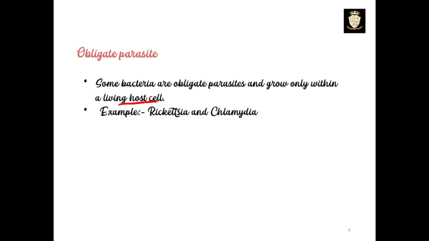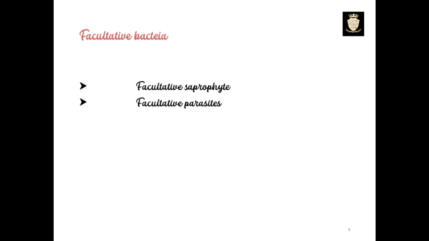Such bacteria are included in the obligate parasite. They could not reproduce without a host cell. The example is Rickettsia. Then the third one, facultative bacteria, which is further classified into facultative saprophyte and facultative parasite.